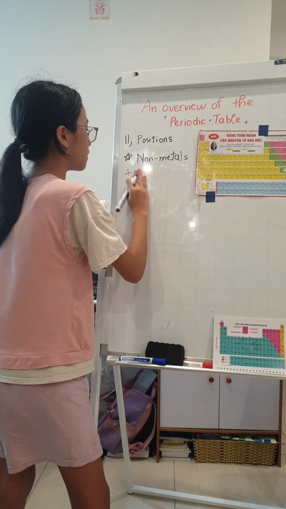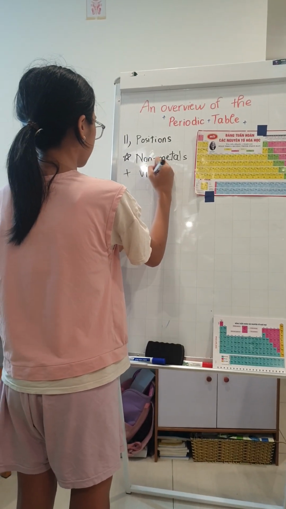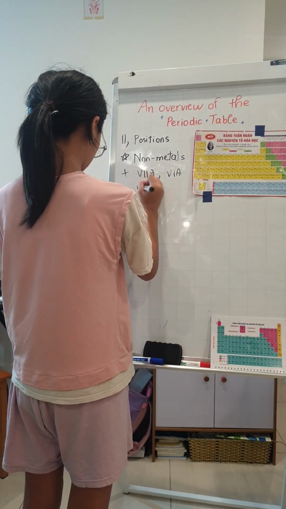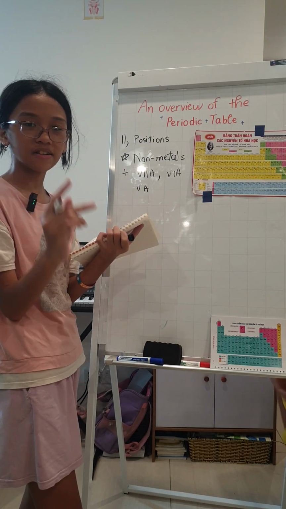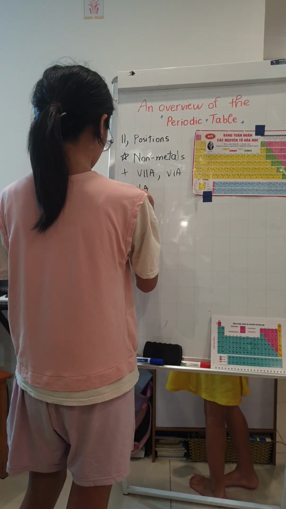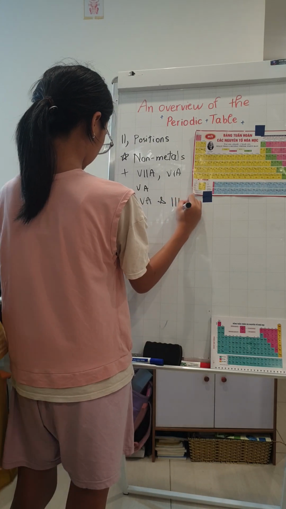Not that. Most elements in group 7A, 6A, and 5A. And some other elements are nonmetals in group 4A and 3A.